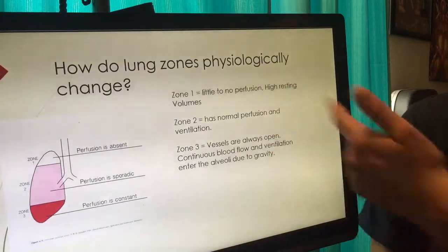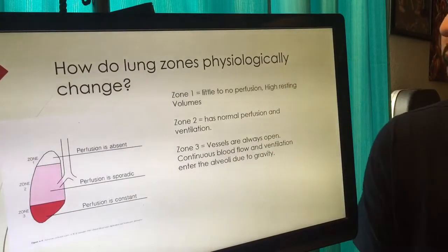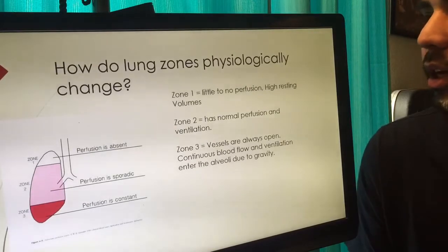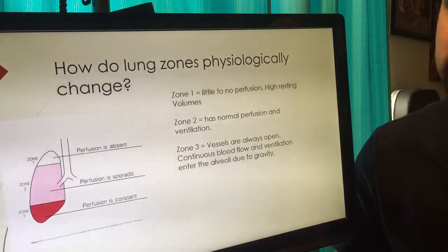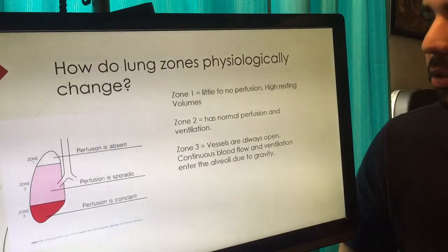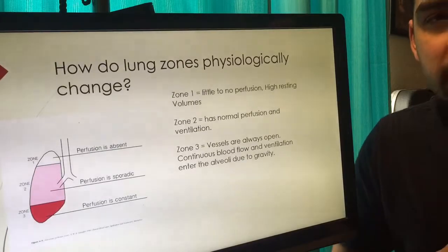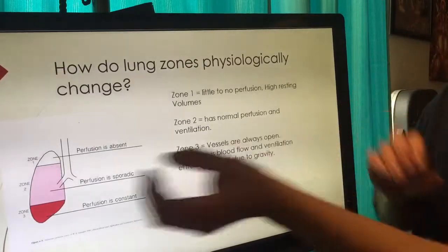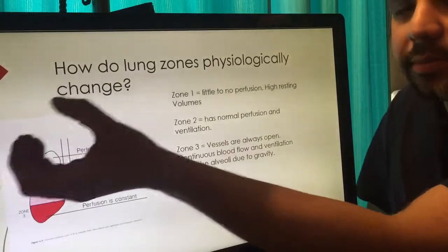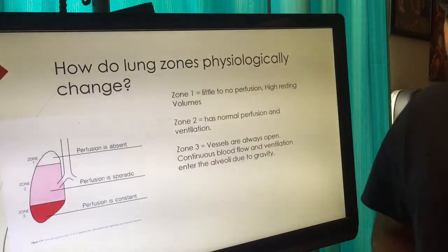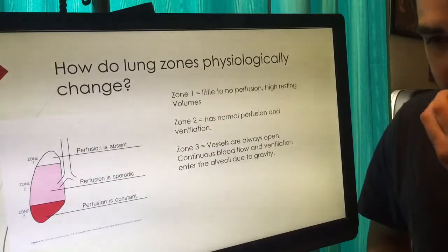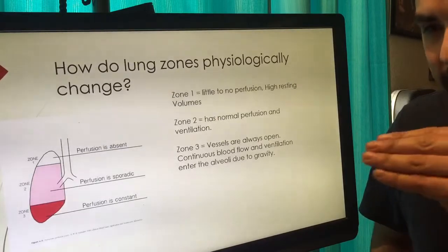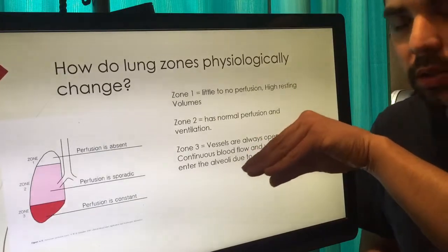So how do they change? Just a summary of what I just said. In Zone 1, little to no perfusion. There are high resting volumes of the alveoli, so the alveoli are big, kind of huge in Zone 1, and the arterial is fairly small.